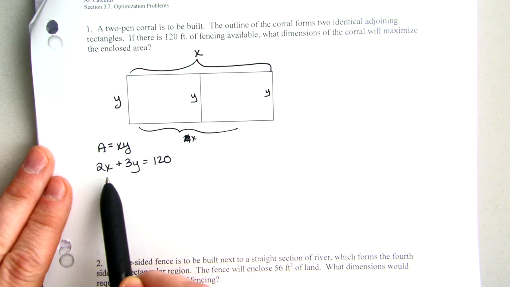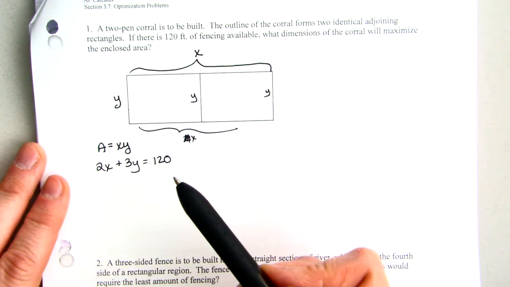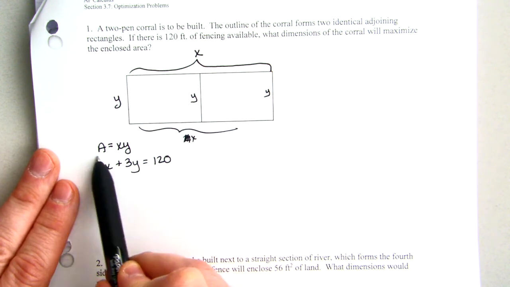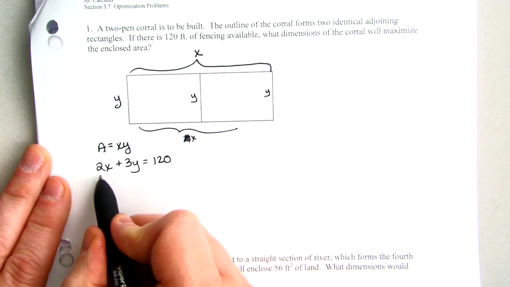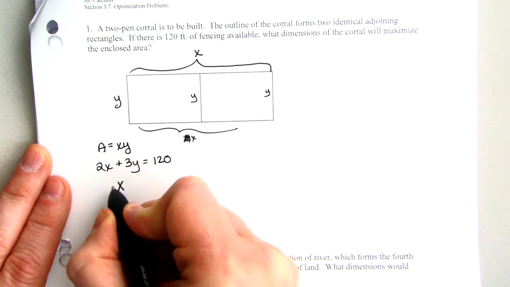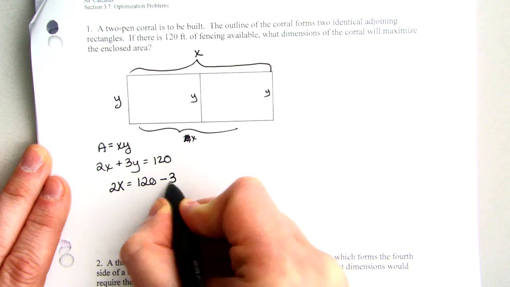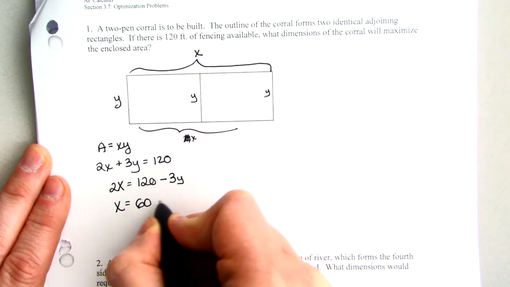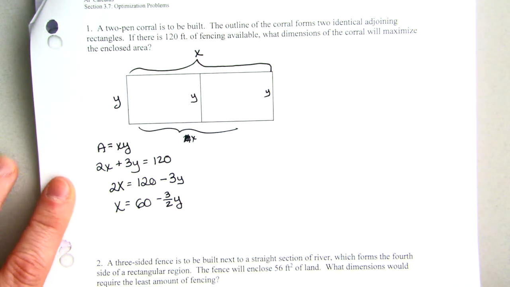I need to solve this for either x or y and plug it into my function. Doesn't really matter. Why don't we solve it for x and plug it in so I get a function with just y's? That's totally valid. Take a moment, solve this thing for x. 2x equals 120 minus 3y. Divide by 2: x equals 60 minus 3 halves y.